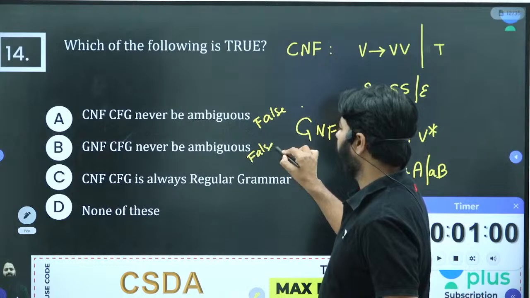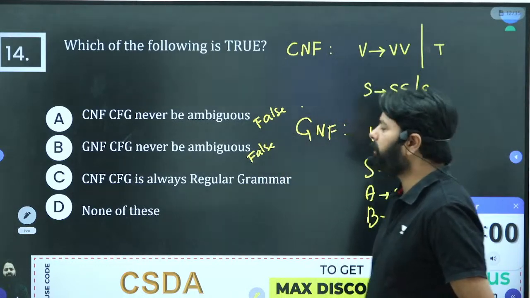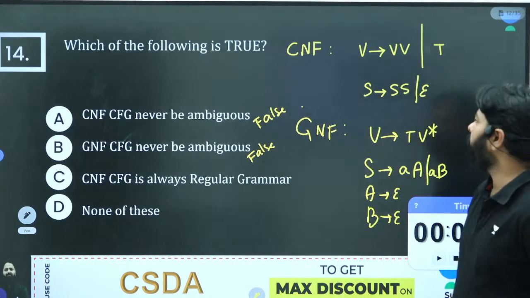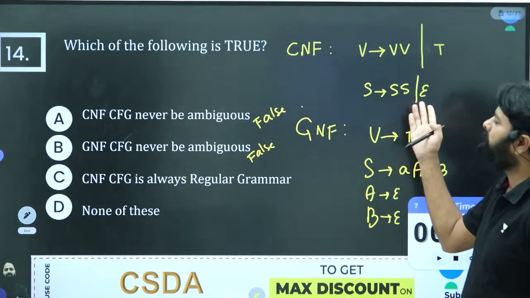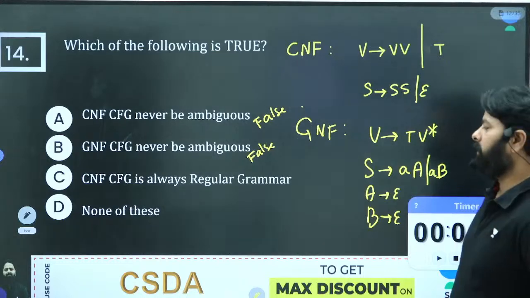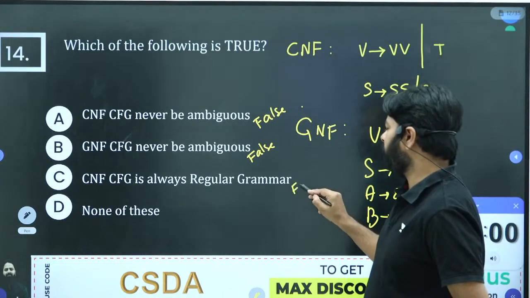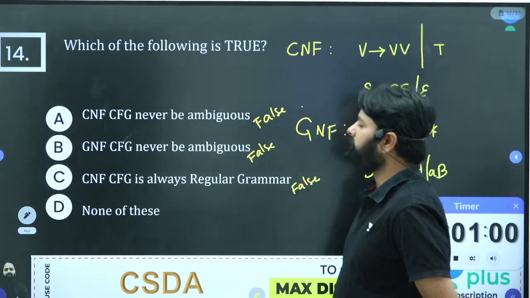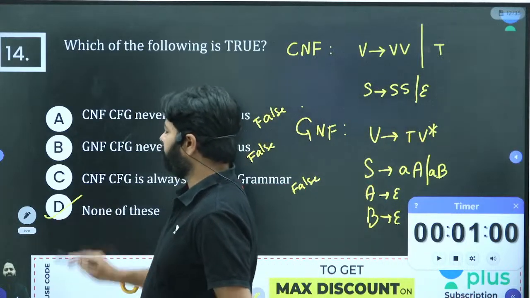False. And CNF CFG is always regular grammar. No need to be. If you look at this, this is a CNF but not a regular grammar, because two non-terminals you cannot keep in the grammar. So this is also a false statement. So the answer, we go for none of these.